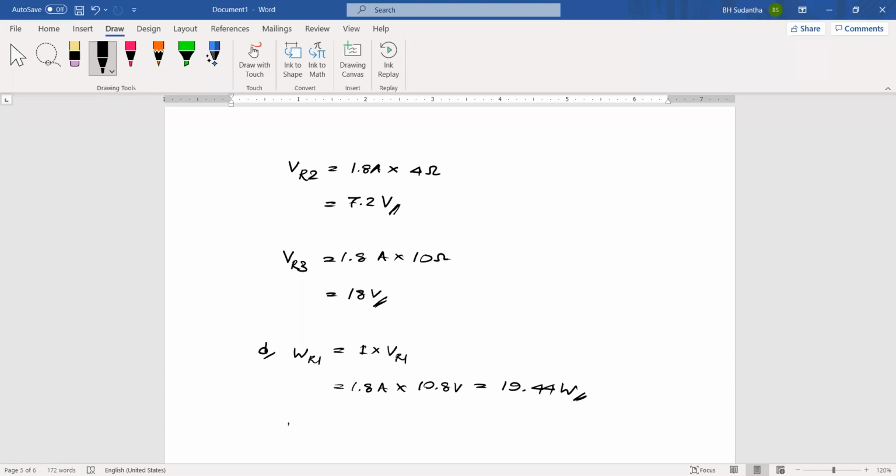Then the wattage of resistor 2: the same current again going through it, and the voltage is 7.2 volts.